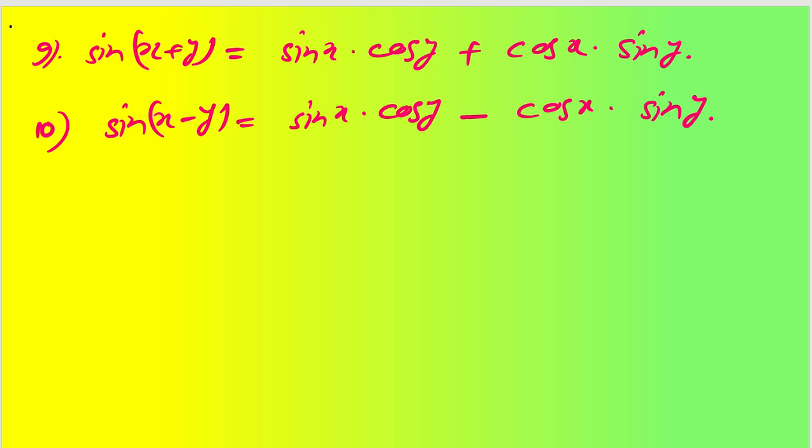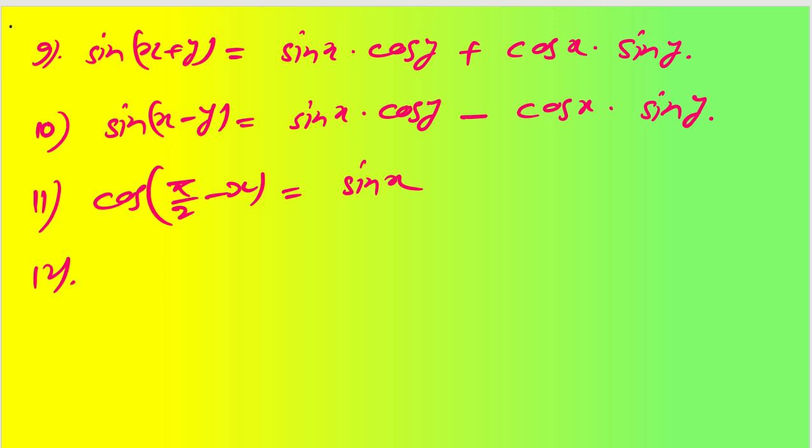Next, we have cos of pi by 2 minus x. Cos of pi by 2 minus x will be what? That will become sin x. Next is sin of pi by 2 minus x.